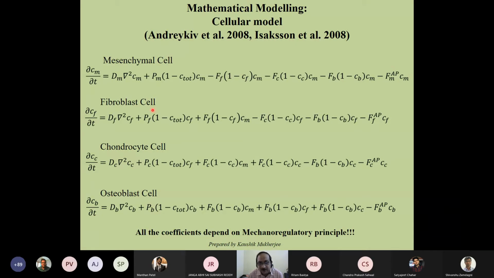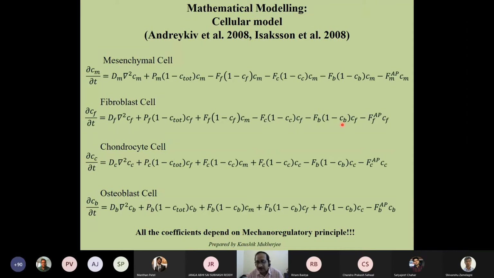So when you consider fibroblast, the sequence of events, the fibroblast cells that are differentiated from mesenchymal cells will be added here. But fibroblast itself can differentiate into chondrocyte and osteoblast. So that is clearly mentioned here.